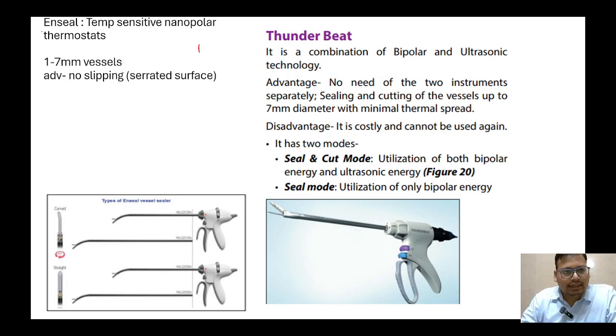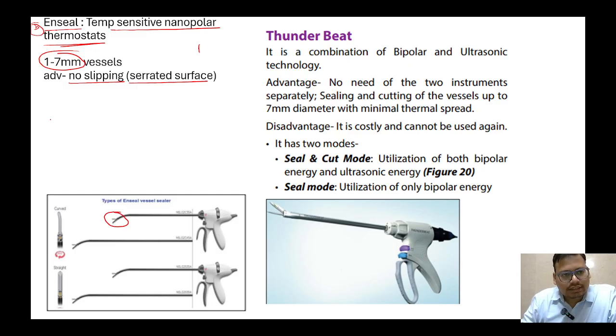Next is NSIL. Third is NSIL. NSIL is temperature sensitive. There is a temperature sensitive nanopolar thermostat inside the machine, so that will give feedback. It can coagulate up to 1 to 7 mm vessels, and the advantage is there is no slipping because of the serrated surface of this jaw.